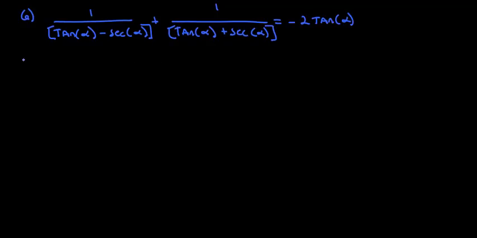So here's what it's going to look like. I'll write it all out for you. Okay, so on the left side I'm going to get tangent of theta plus the secant alpha, plus the secant of alpha.